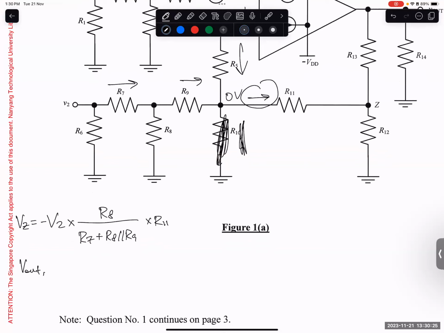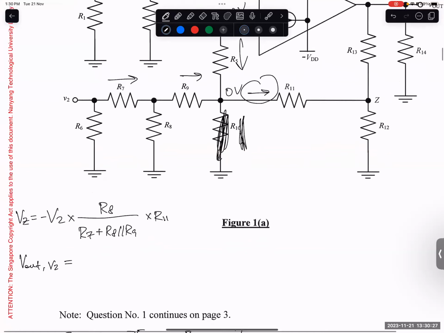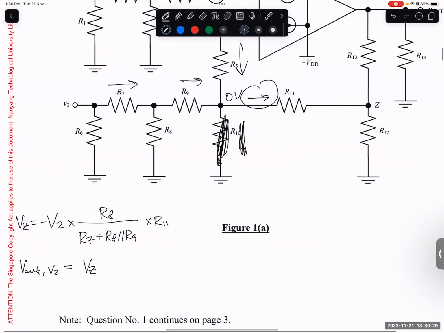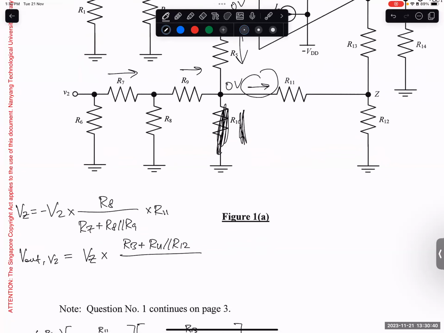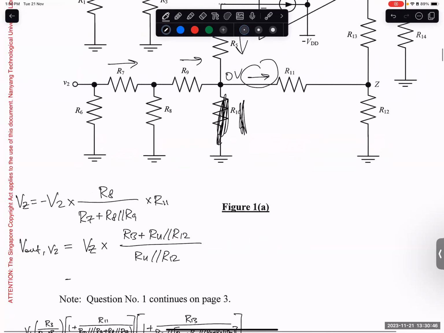It's just VZ multiplied by R13 plus R11 parallel R12, over R11 parallel R12, which is actually just equal to VZ times 1 plus R13 divided by R11 parallel R12.